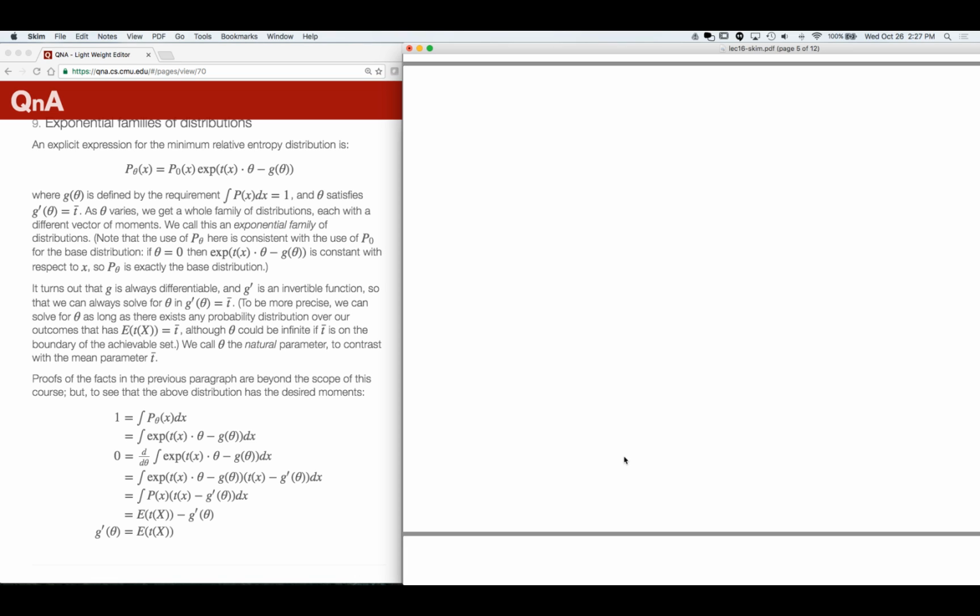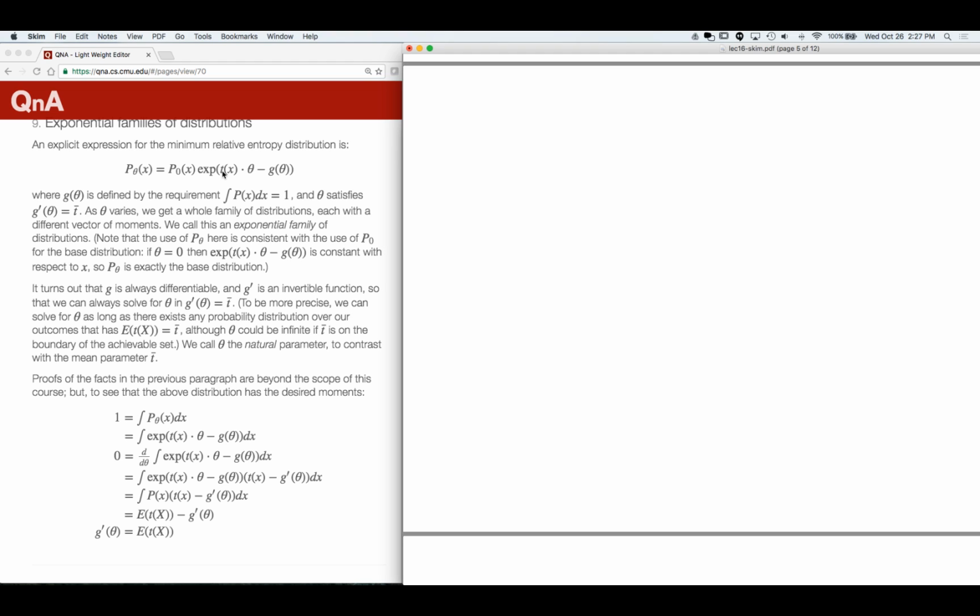So I've described a very general family of distributions, and I've talked about how to specify an element of that family by picking the expected value of our feature vector t of x. But I can specify it that way only if I know ahead of time what the expected value is going to be.